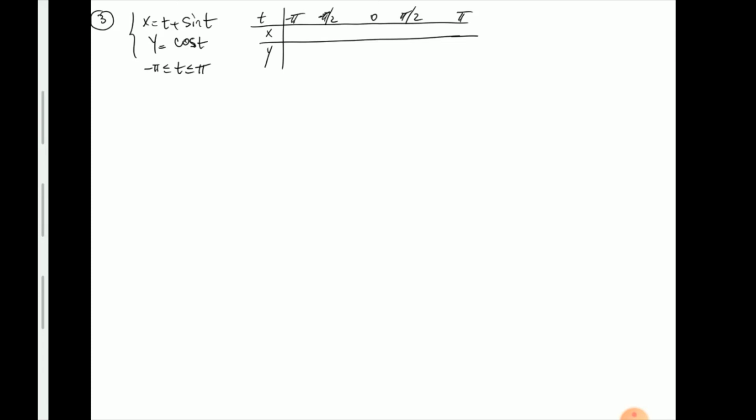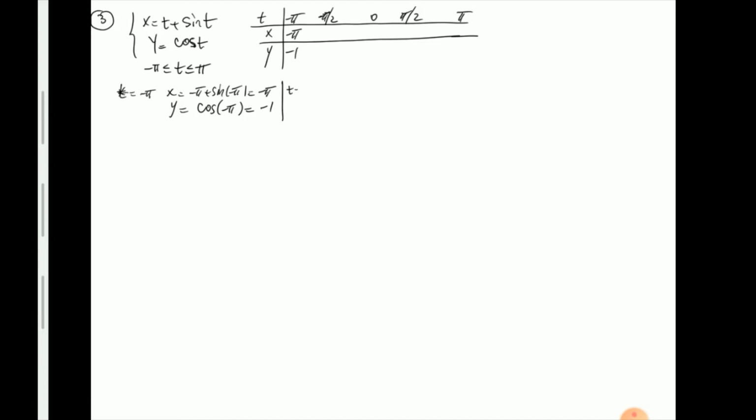So when I plug in minus pi, if t equals minus pi, I get x equals minus pi plus sine of minus pi. Sine of minus pi is 0, so that ends up being minus pi. Cosine of minus pi is like cosine of pi, which is minus 1. So that's minus pi and minus 1.